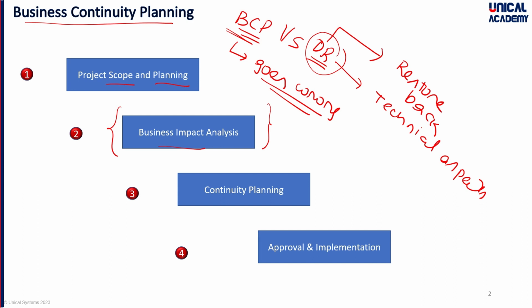And what aspects must be taken into consideration for continuity planning to restore the services? Finally, getting the buy-in of the leadership, implementing and ensuring the regular maintenance. These are the four aspects of BCP that we will be quickly going through in this lesson.